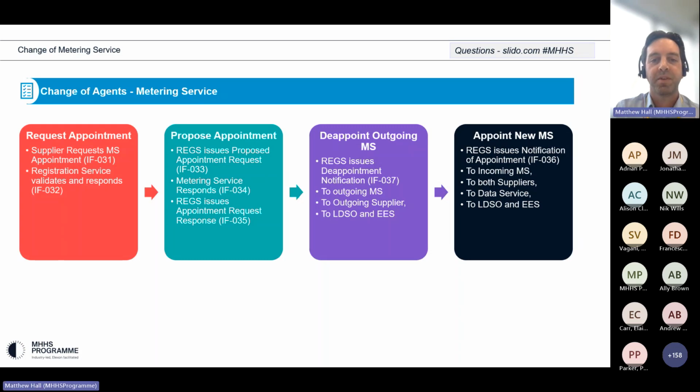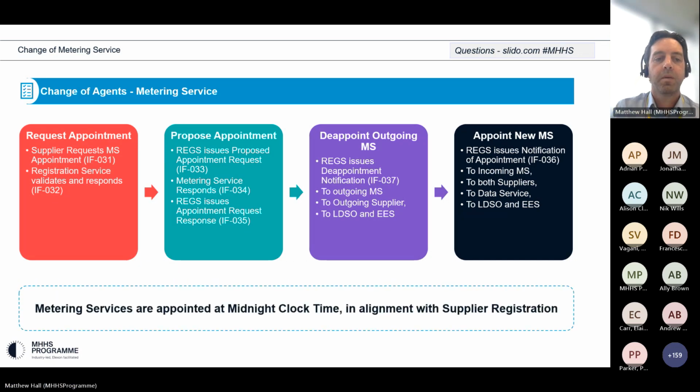And that interface will also be sent out to both suppliers, to the data service, to the LDSO, and to EES. Metering services are appointed at midnight clock time in alignment with supplier registration, as they are today.